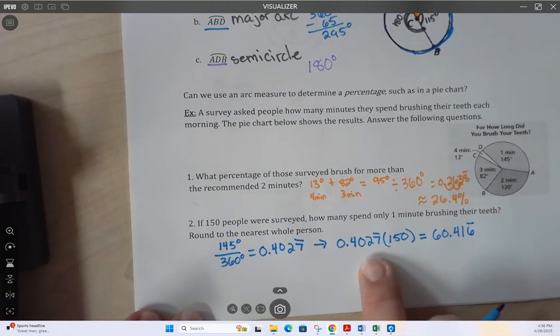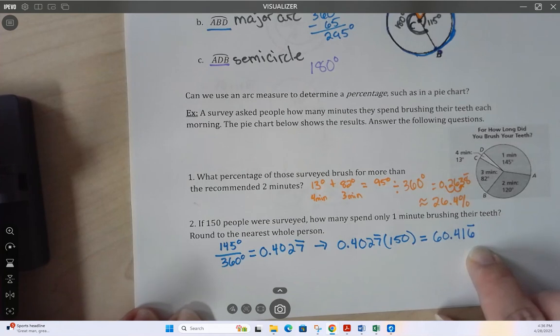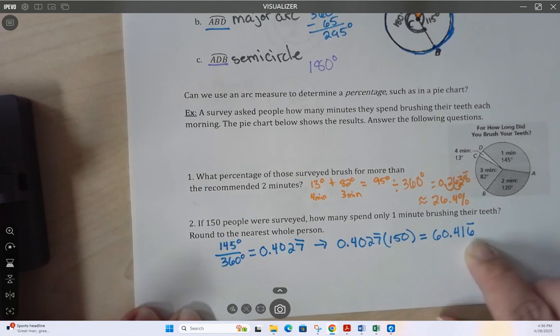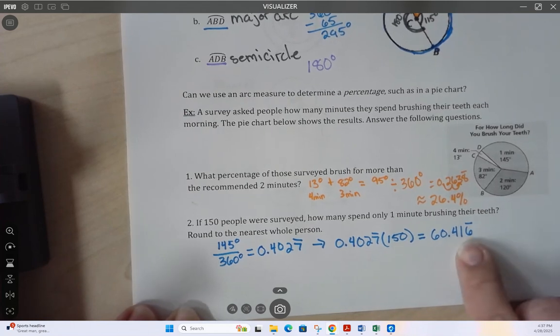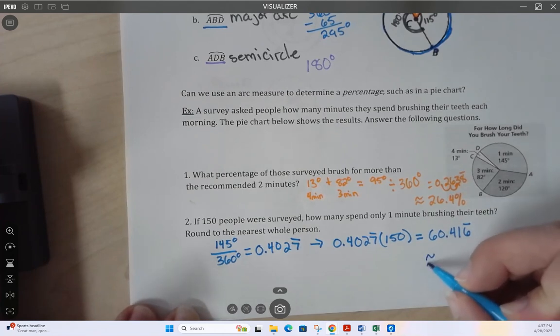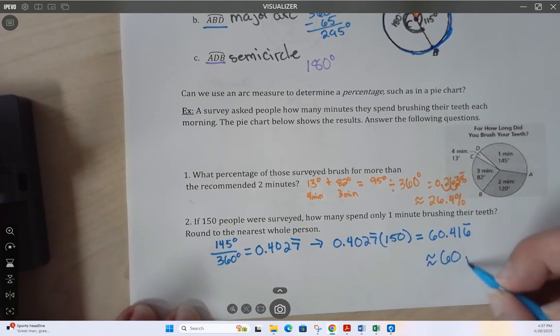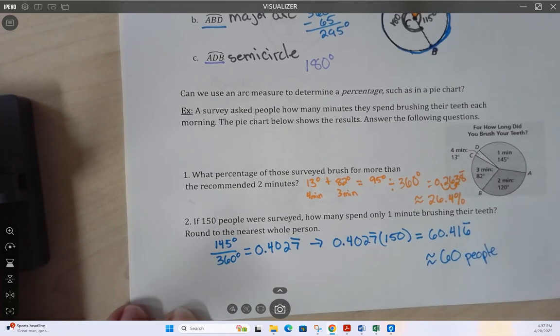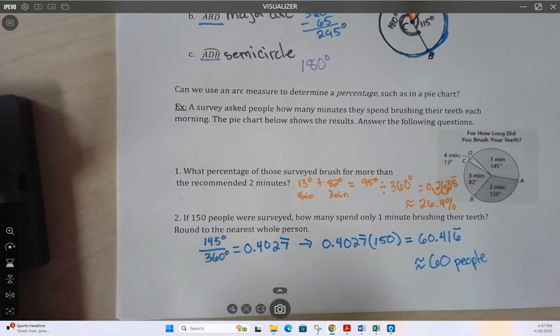I didn't do any rounding before I plugged these in. And we are told to round to the nearest whole person. Nearest whole person is going to actually round down, and that's fine in this case. If you want to round up because you say this is too much, I understand, but make sure you're clear. So this means about 60 people only brush their teeth for about 1 minute out of this 150 survey.